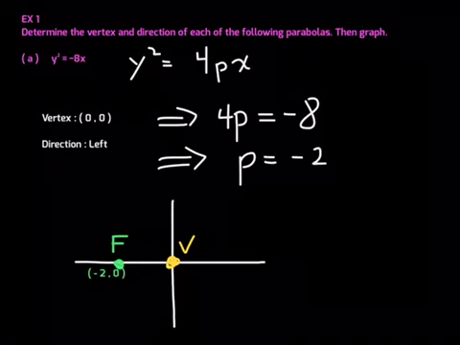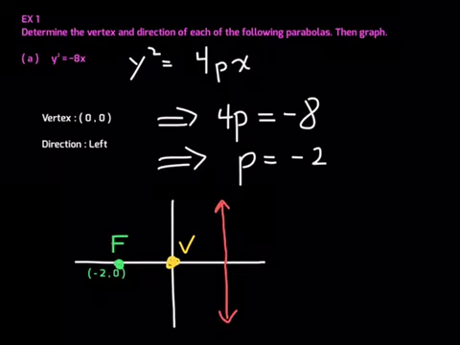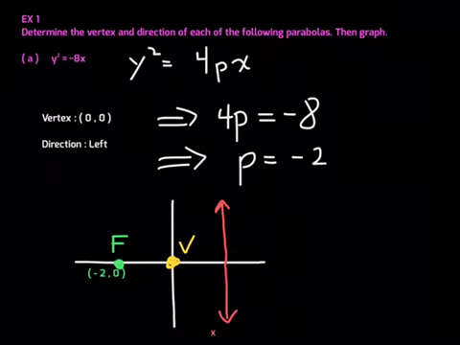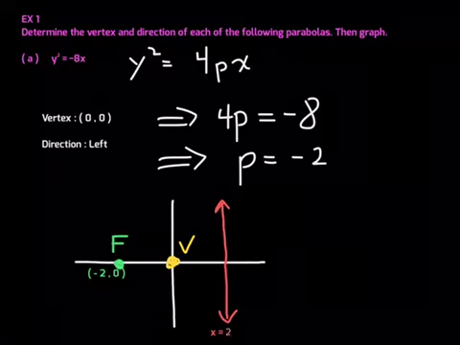So then the directrix is something like this, okay, that vertical line, which has the equation, because it's a vertical line, be careful here, it has an equation of x is equal to positive 2, okay?